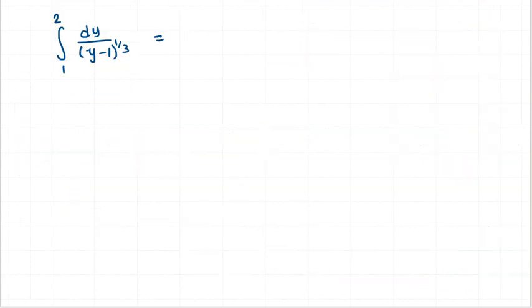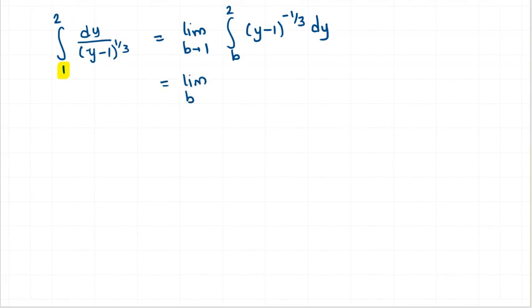So here it is unbounded at the lower limit, so we can write it as limit b approaches 1. You can use the same a because it's the same thing. (y minus 1) to the power minus 1 over 3 dy, which gives you limit b goes to 1, 3 by 2, (y minus 1) to the power 2 by 3 from b to 2. Change y to 2 and b.